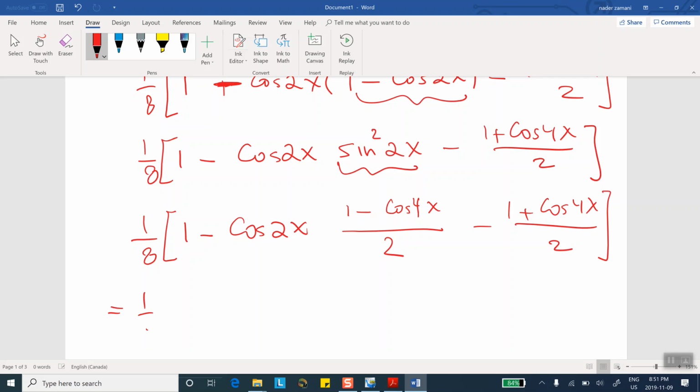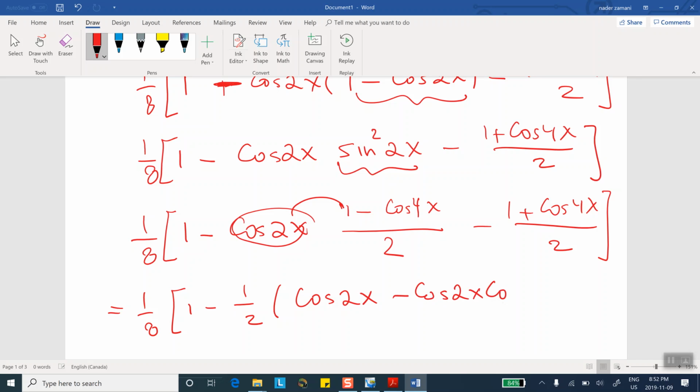And then minus 1 plus cosine of 4x divided by 2. So this is 1 over 8. 1 minus 1/2. This thing times that, cosine of 2x, minus cosine of 2x times cosine of 4x. This thing times this.